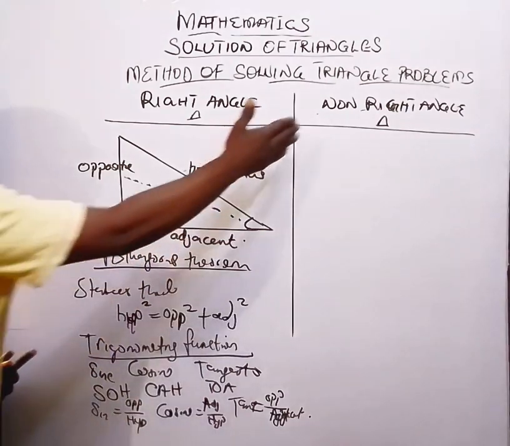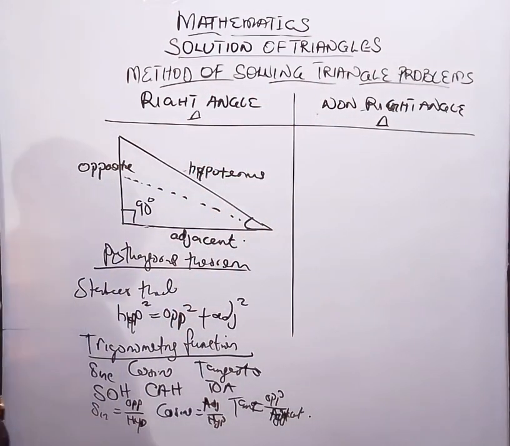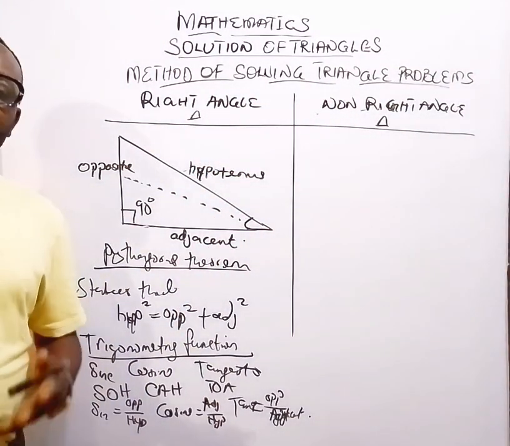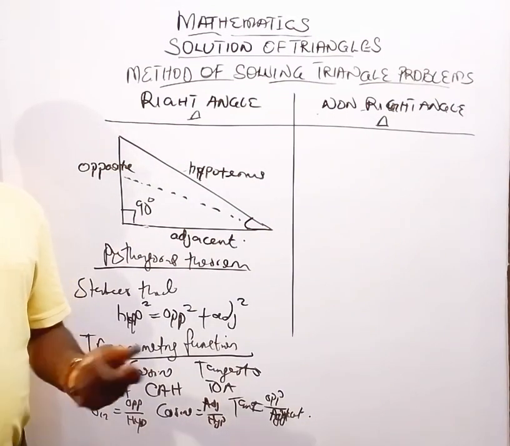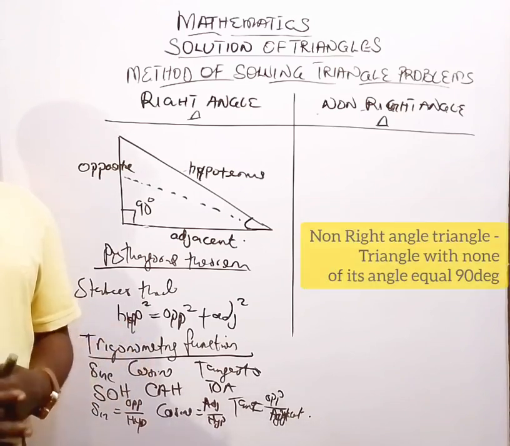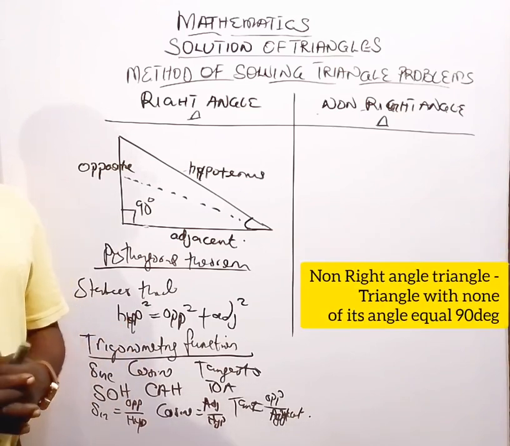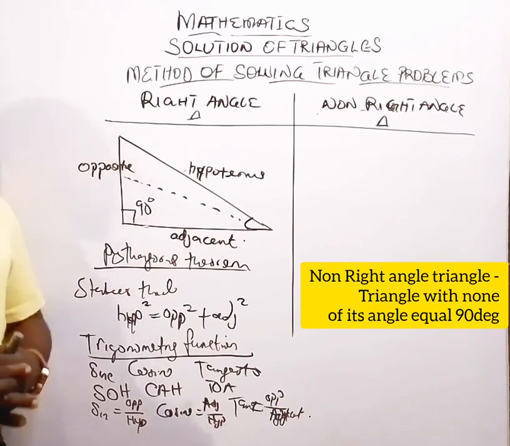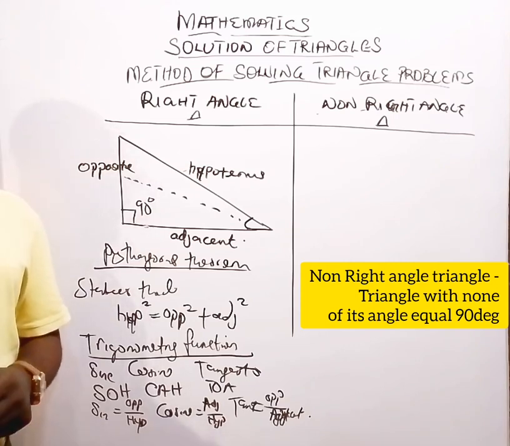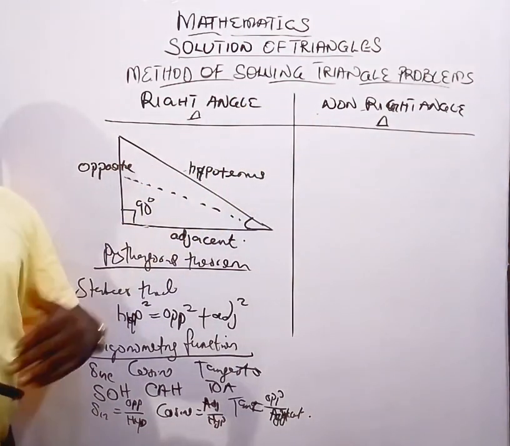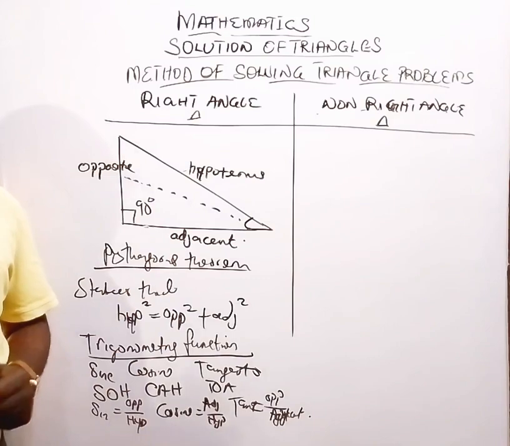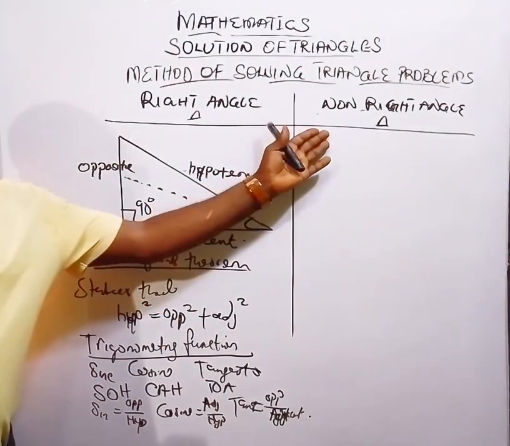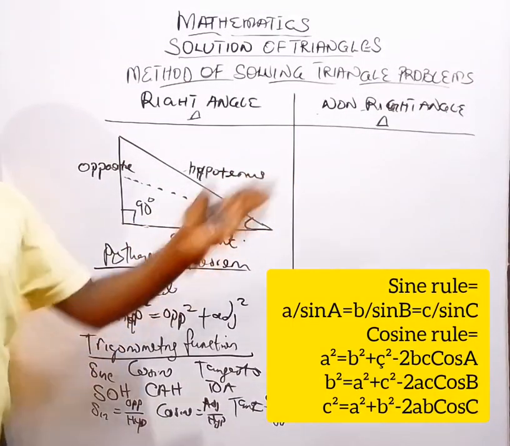We can now move to non-right angle triangles. Non-right angle triangles are the forms of triangles where none of its angle is equal to 90 degree. For us to be able to find the values of either the sides or the angles of a non-right angle triangle, we can make use of two approaches.